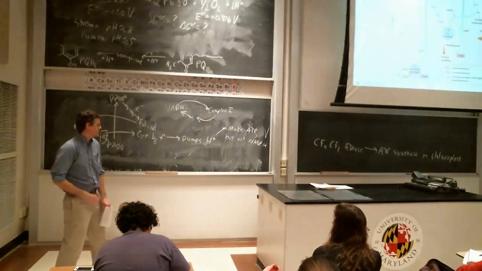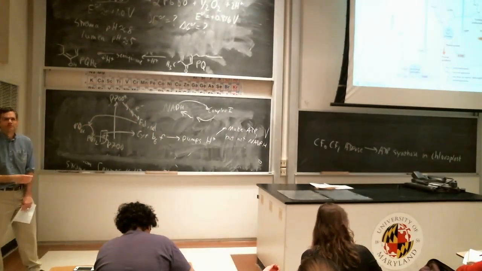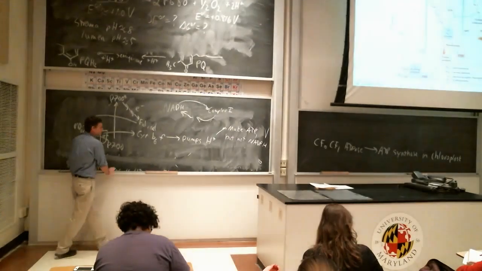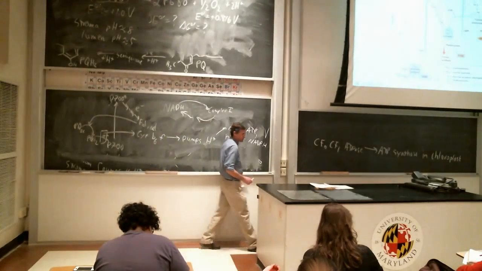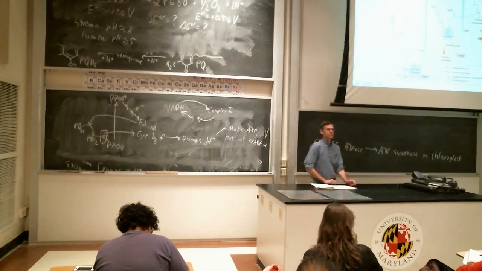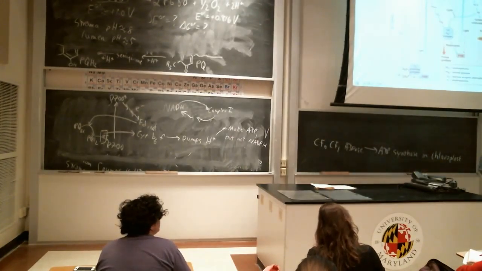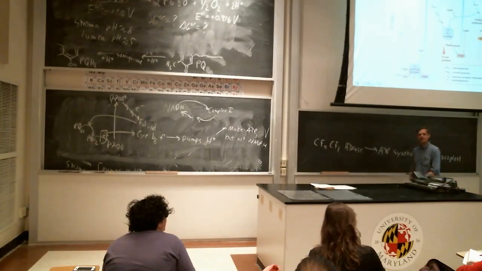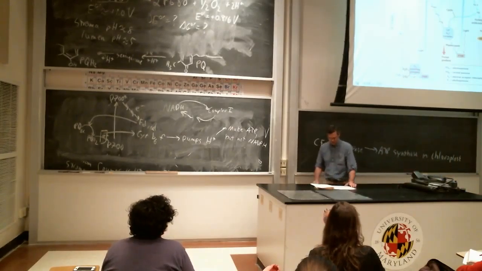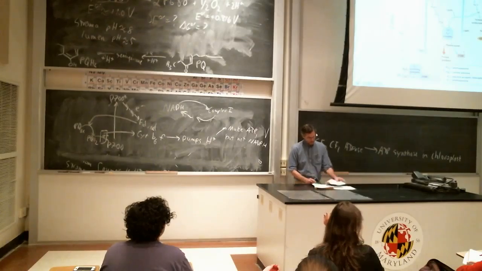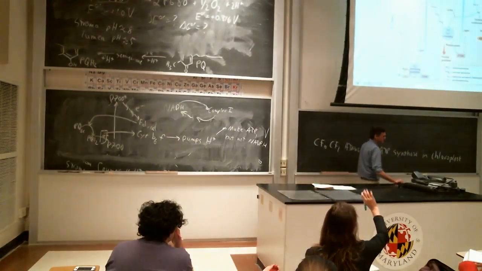You can't do that in mitochondria, but you can do that in photosynthesis. So you can think about why you can do it in photosynthesis but not in mitochondria. The answer is maybe... I don't know. I think the answer is obvious, but that's because I read it in the book.